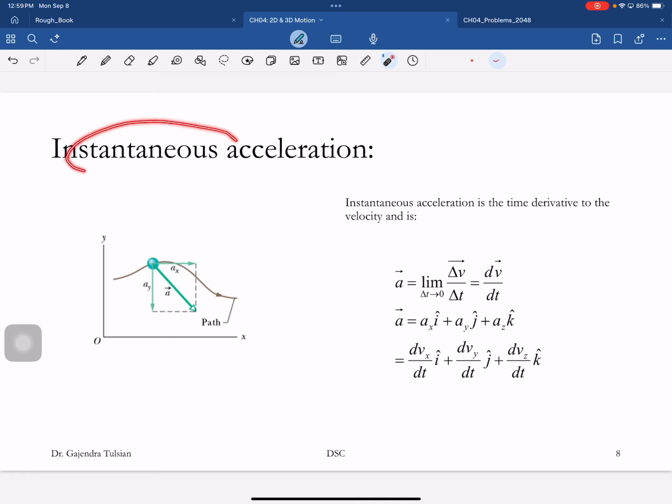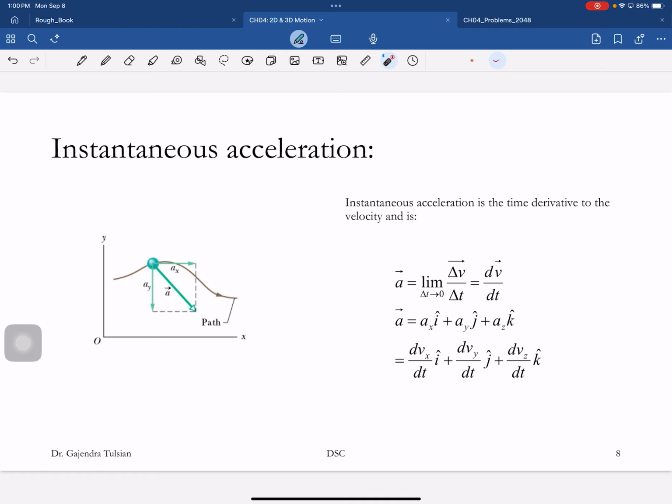You are interested in instantaneous acceleration. What does that mean? What is the acceleration at this instant? That's the time derivative of the velocity vector. Your instantaneous acceleration is your average acceleration in the limit delta t going to zero, which is dv by dt.